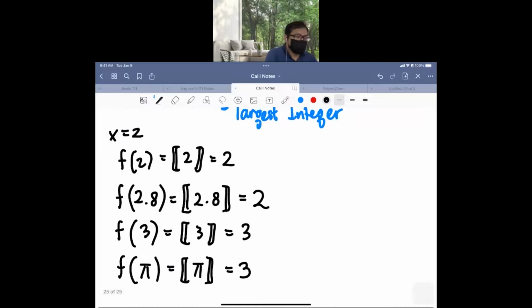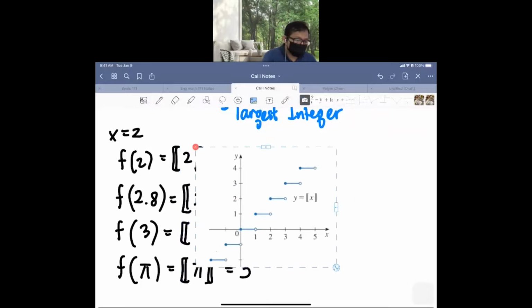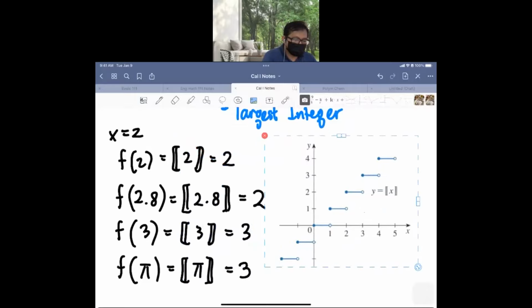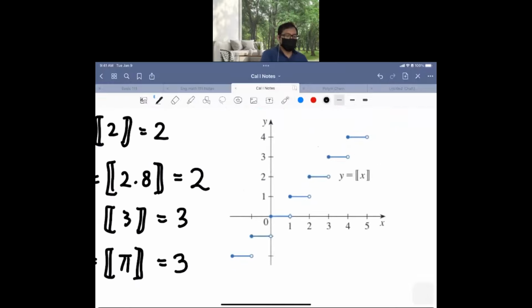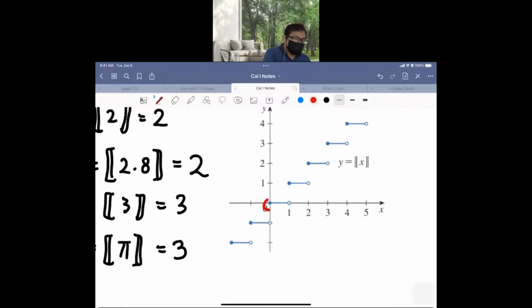Now, the interesting point on the largest integer is when we graph all these results, this is what it looks like. If we took some decimals around 0, 1, 2, 3, we could start from 0.